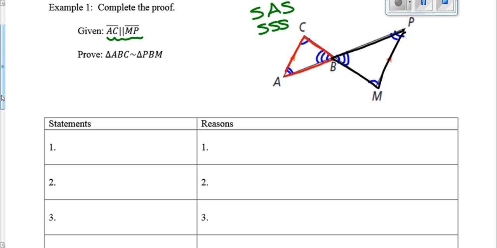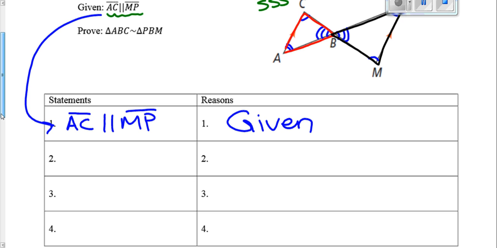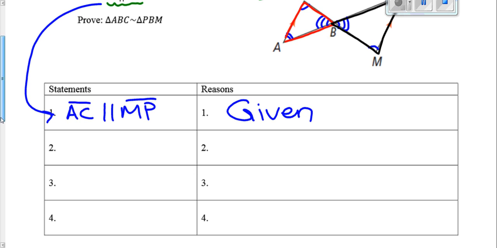All right, so the first thing that we always write in is the given. So that is going to go in step 1. AC is parallel to MP. Reason: given. Well, we already talked about it, and we know that we're trying to go with the angle-angle postulate because we know nothing about side lengths. So now we have to make our statements.